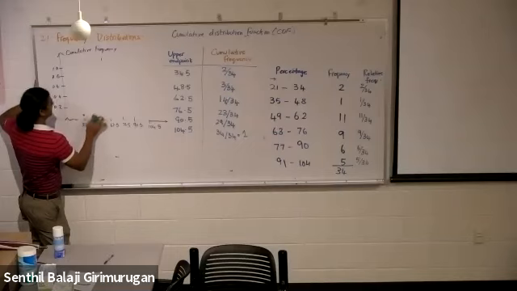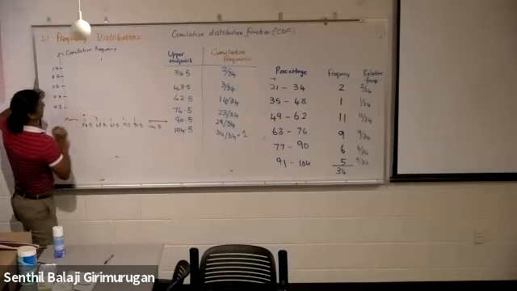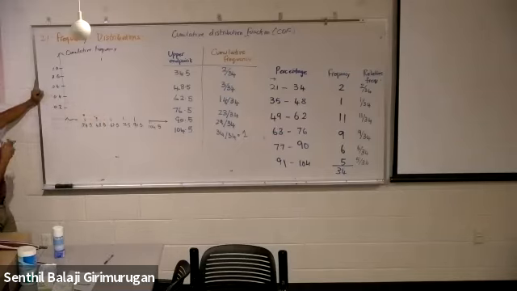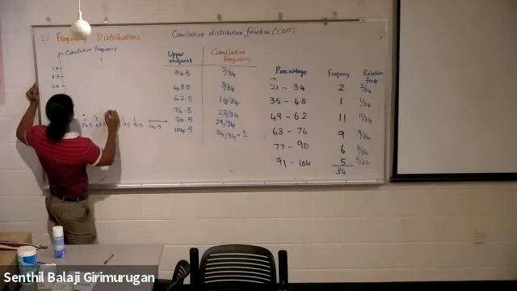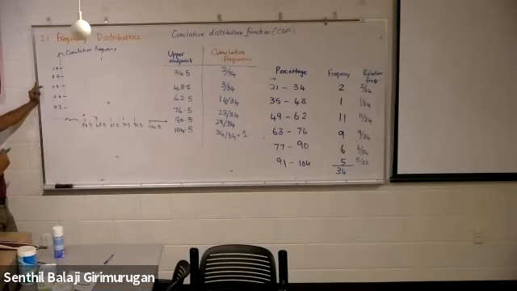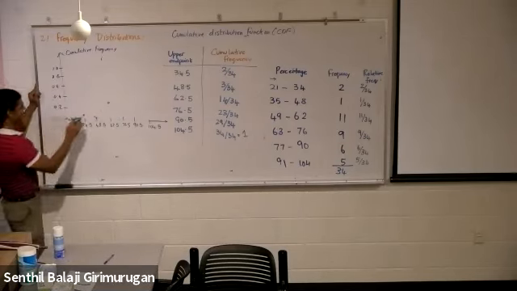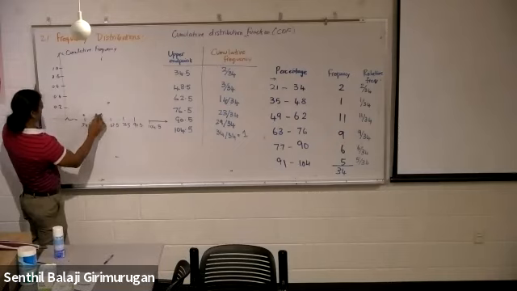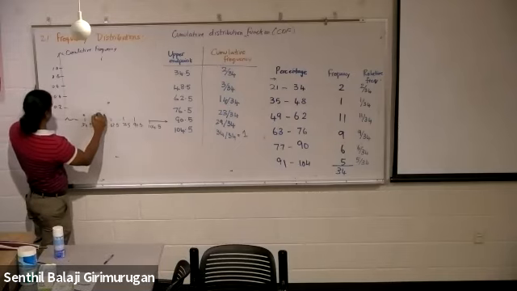Yes, it has to go down. 14 out of 34. 0.32. I'll probably put it somewhere over here. 3 over 34 is 0.08. It should always be going up. 0.08. 3 over 34.